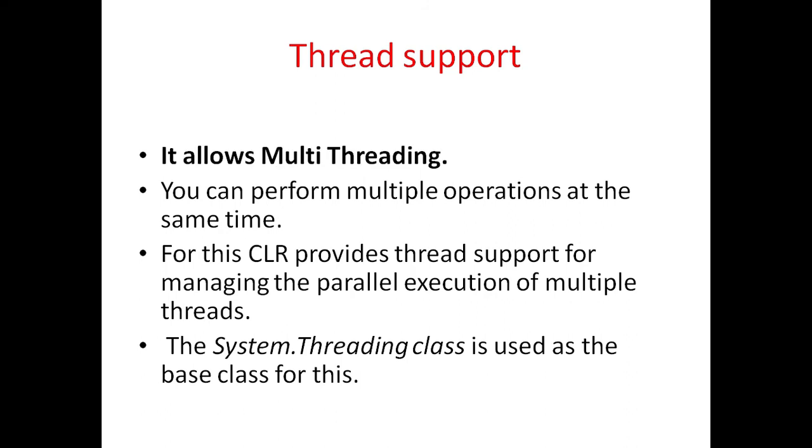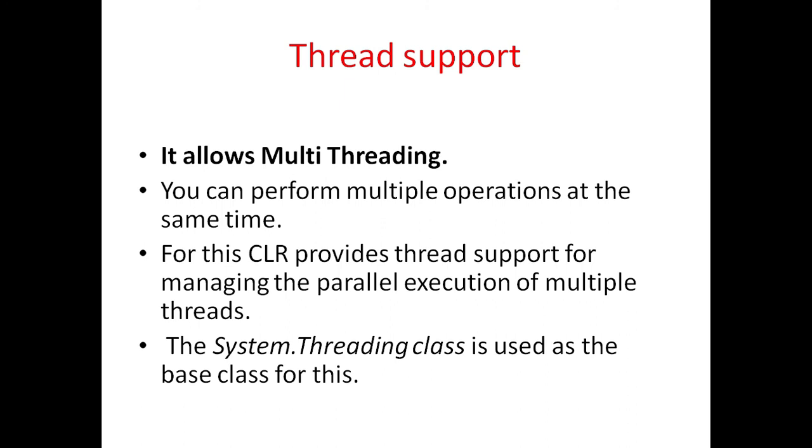Next is thread support. .NET framework allows multi-threading. The main difference between multitasking and multi-threading is that multitasking means multiple processes share common processing resources such as the CPU, whereas in multi-threading specific operations are subdivided into individual threads and each of the threads can run in parallel.